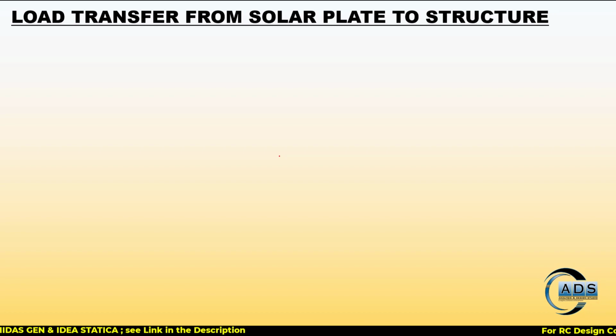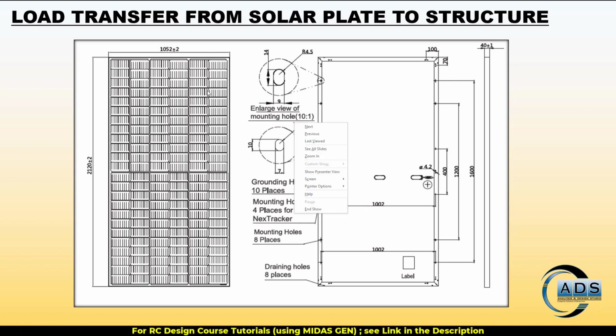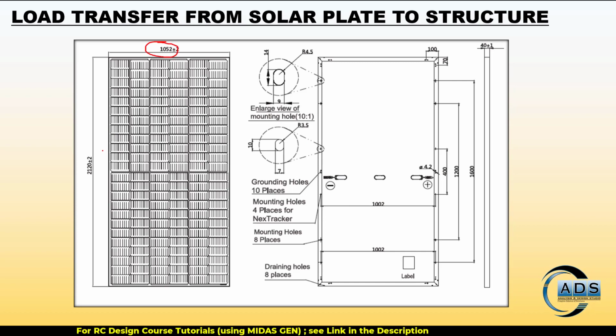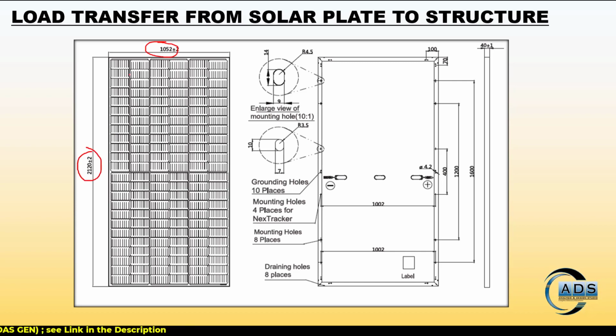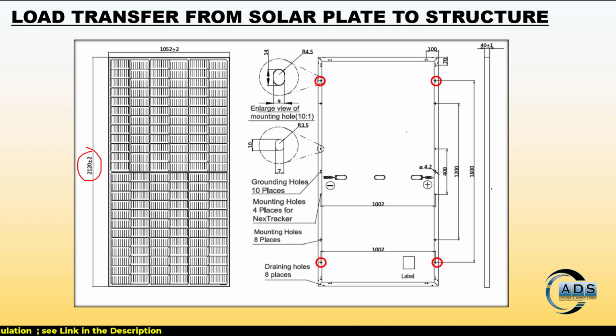Now the load transfer from the solar panel to the structure. For example, this is a solar panel detail. Here it is written the outer to outer size of the solar panel. Now these are the holes given. These holes are already punched into the solar panel frame itself, to install on the structure. It is recommended by the solar companies to install bolts in these holes. Otherwise the panel would be damaged or broken.